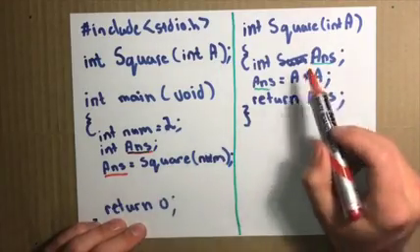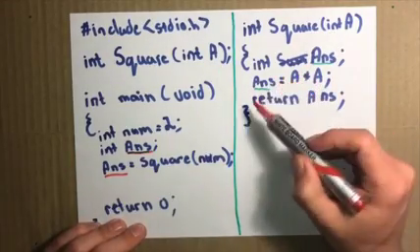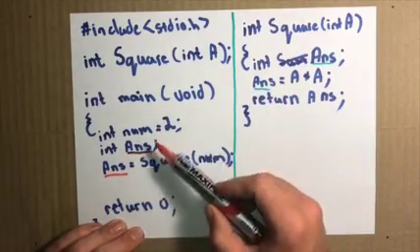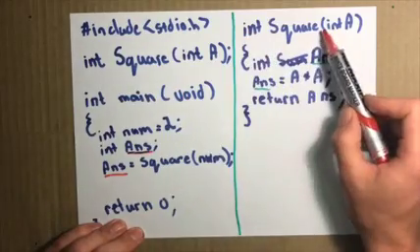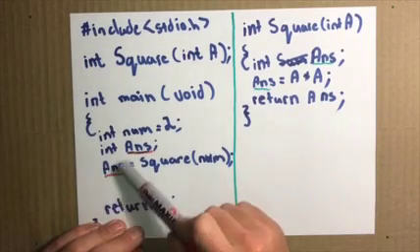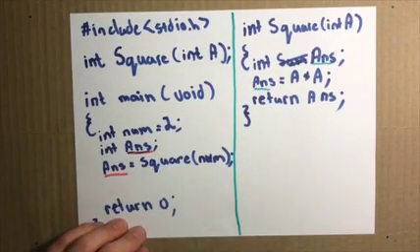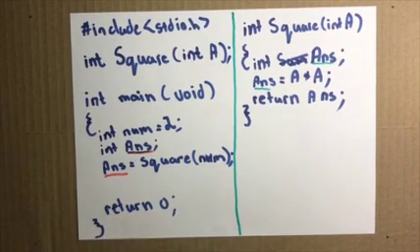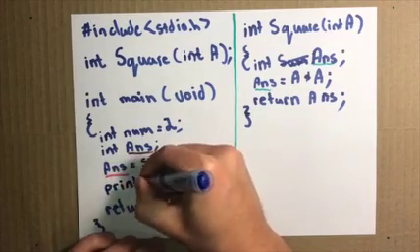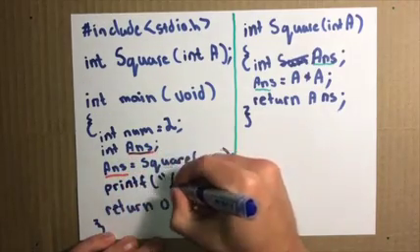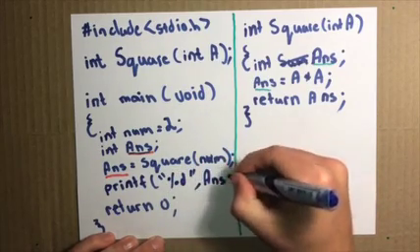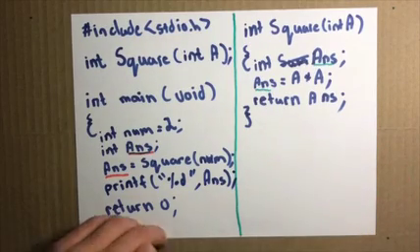So they can have the same name, but they are in different functions. This is our main function, this is the square function that we have created. After we have the value of our function, all that we need to do is print it out to the user. So we can just say printf %d, and we can say answer, semicolon.